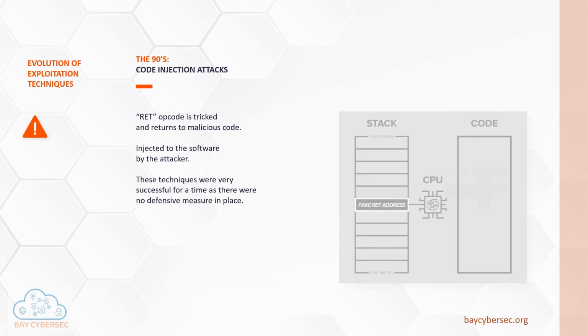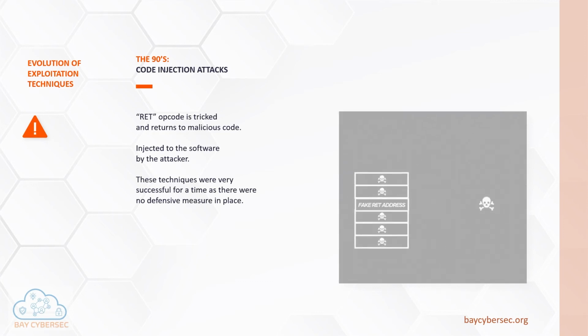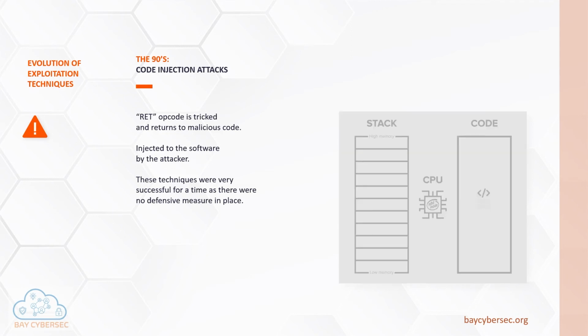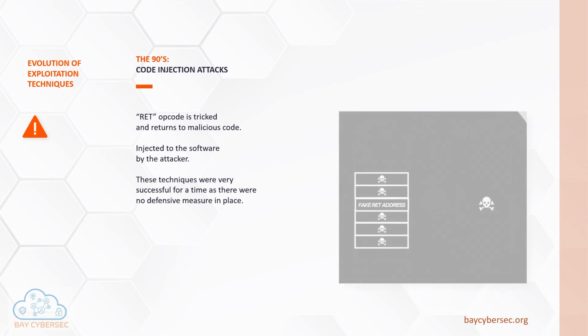The stack also holds variables that serve the functions being executed. Now if there's a bug in the code, a vulnerability, where the programmer anticipated a buffer of, let's say, 10 bytes to be filled, the attacker can input more than 10 bytes.